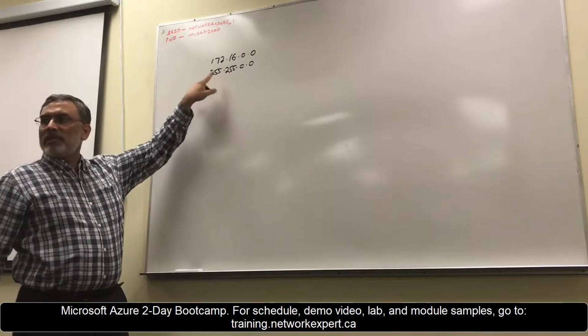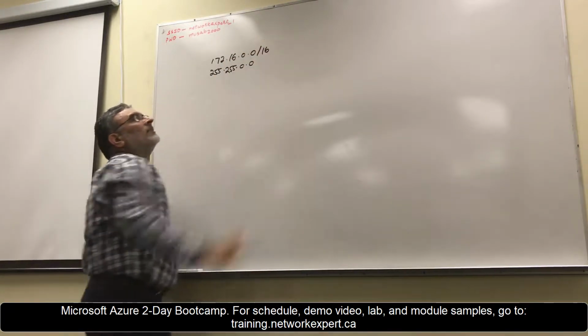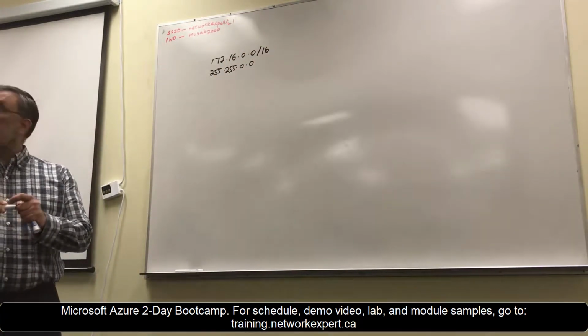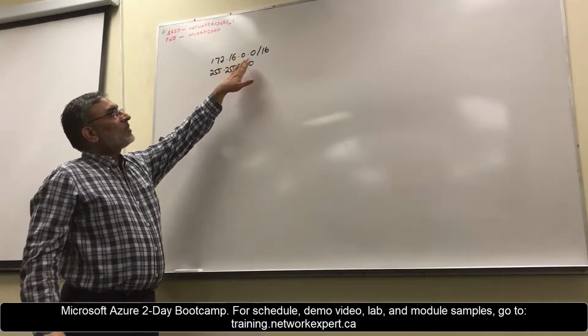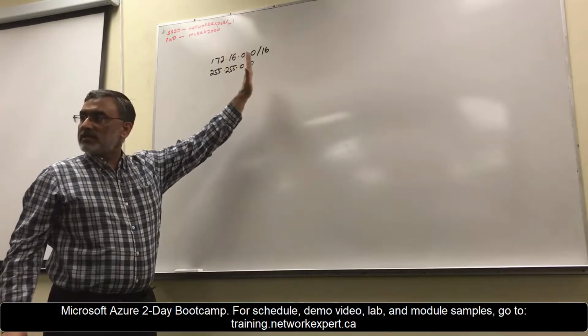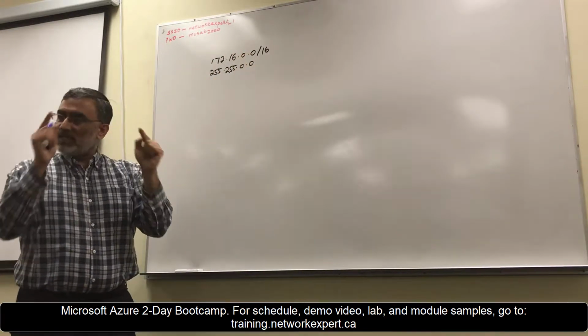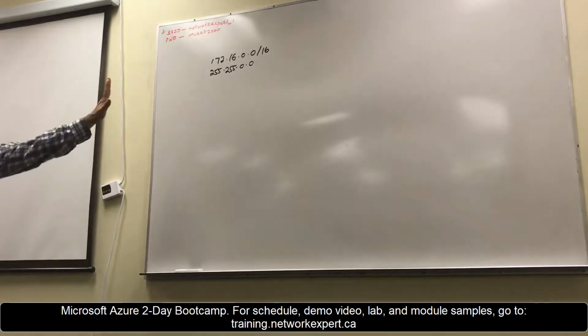So the same subnet mask I can write as /16 as well. So 172.16.0.0/16 means 16 bits are the network portion, and the rest of the 32 bits is the host portion. Okay. So this is one network address, okay?